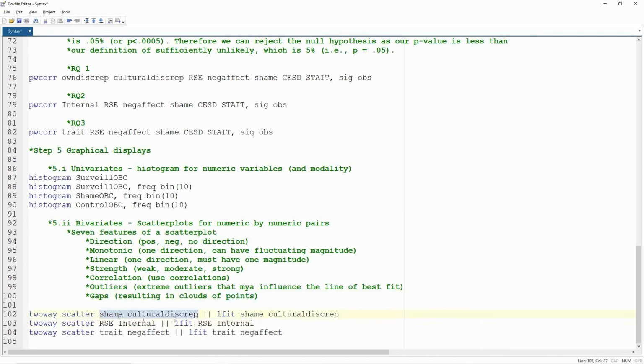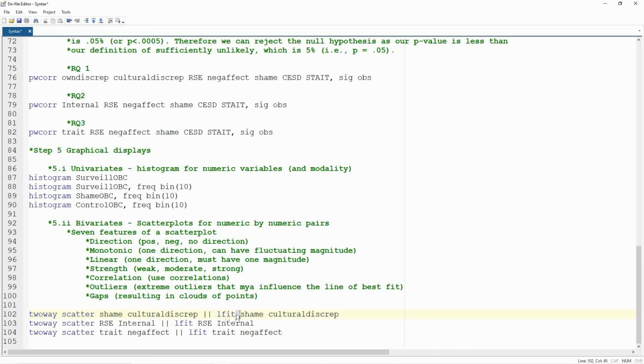This is between shame and cultural discrepancy, just for fun. For the syntax, we first say twoway and then scatter. We have to say twoway scatter because there's lots of different kinds of scatter plots. Then I put my 2 variables, in this case shame and cultural discrepancy. I then need 2 vertical lines, which do not have a space between them.